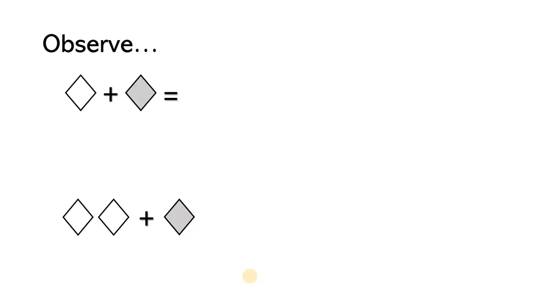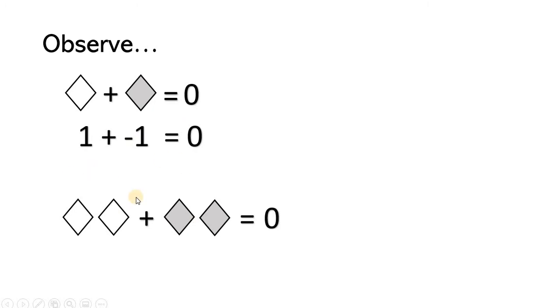Okay, let's observe. What do you notice in our illustration? The numbers are the same, right? But the signs are different. Like in our first one, positive 1 plus negative 1. The answer there is 0. Okay? 1 plus negative 1 is equal to 0. The same goes for our second illustration. This will be 2 plus negative 2 is equal to 0.